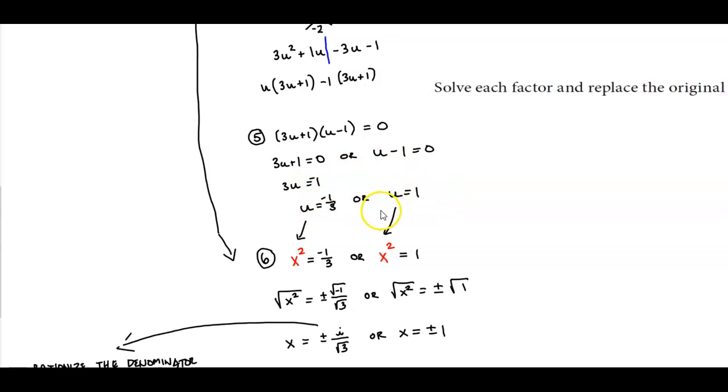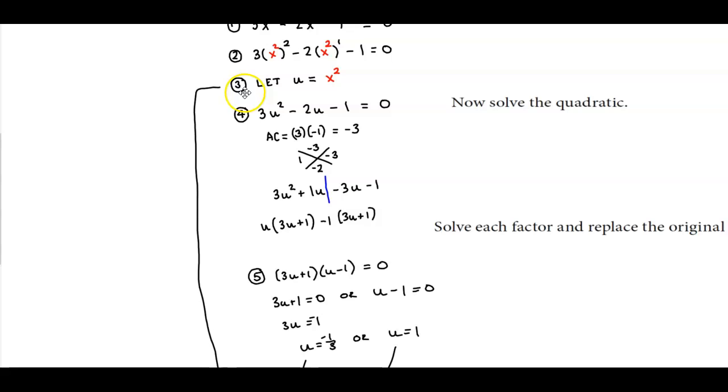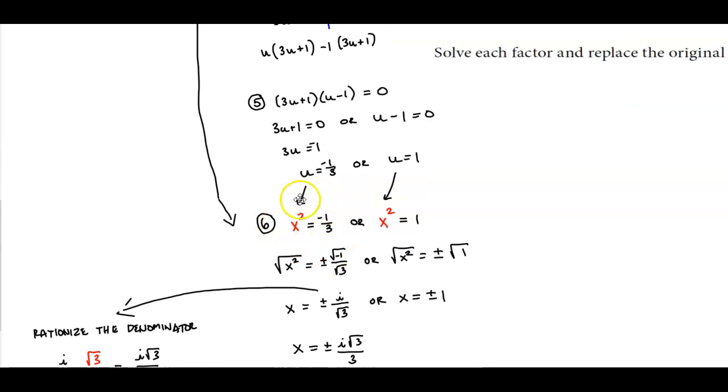Now we're not finished yet because we did a substitution. Back in step 3, u actually equals what we substituted for, which is x squared. So in step 6 we have to replace the u with x squared. We now have x squared equal to negative 1/3, or x squared equal to 1.